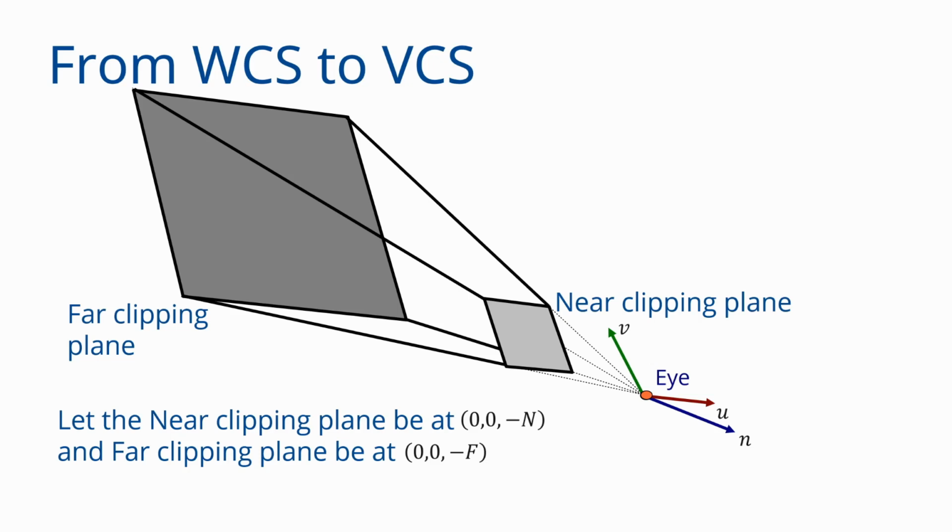The view frustum in NDCS is going to be a cube. So we are going to go through a sequence of transformations that will transform our view frustum to a cube. Please bear with me as I go through this sequence of transformations.